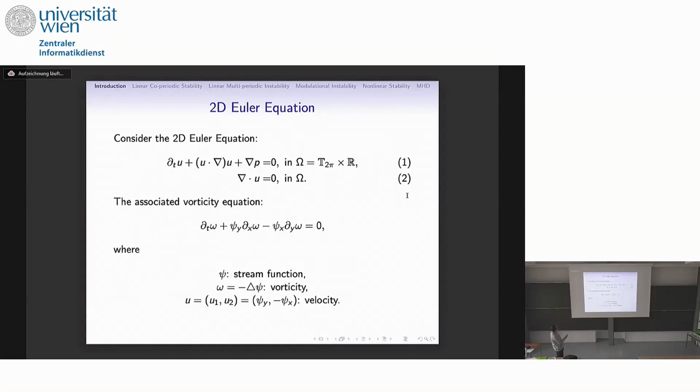Vorticity now is a scalar function, defined to be minus Laplacian of psi. Psi is the stream function, and the velocity is determined by the stream function in this way. Now for the vorticity equation, it becomes a sort of transport equation, right?